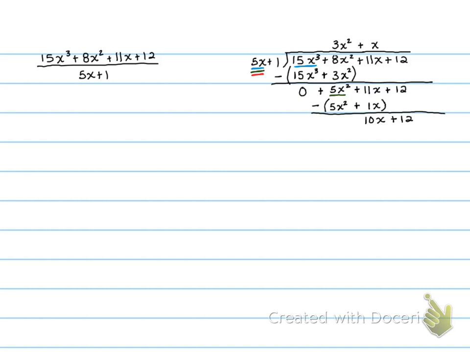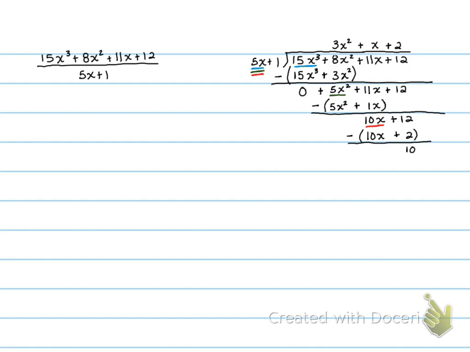So now we're looking at 5x and 10x. What do I have to multiply 5x by to get 10x? Just 2. So plus 2, then multiply, we get 10x plus 2, in parentheses, subtract. And we get a remainder of 10.